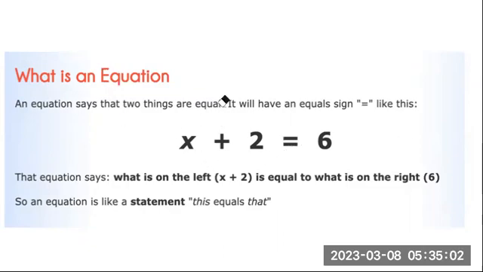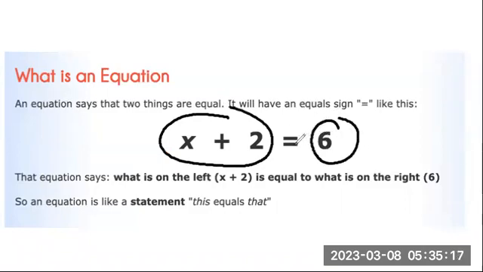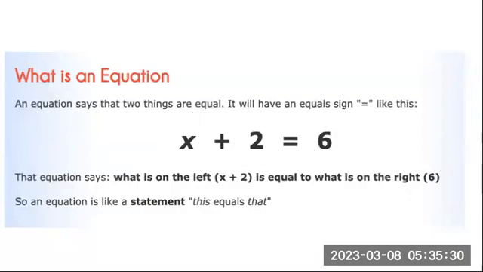It means that x plus 2, which is the one on the left, is equal to what is on the right. So x plus 2 is equal to 6. So an equation is like a statement meaning this equals that.